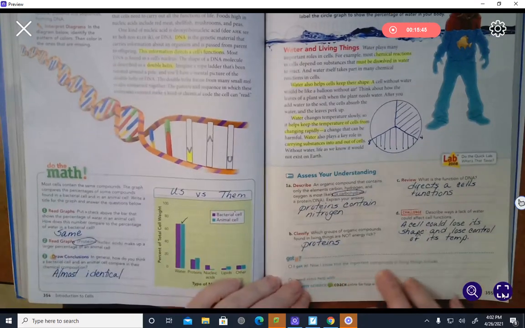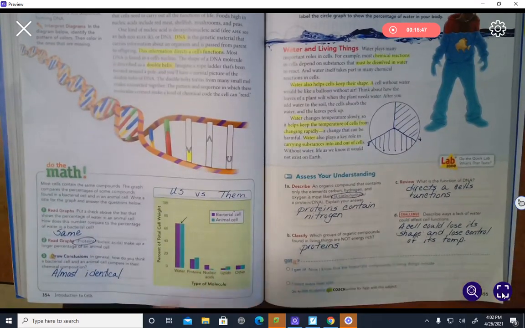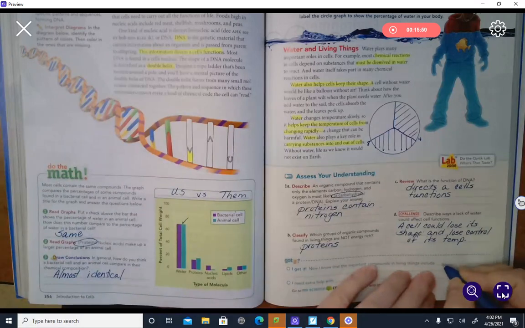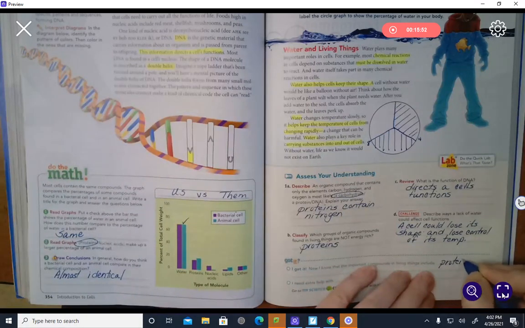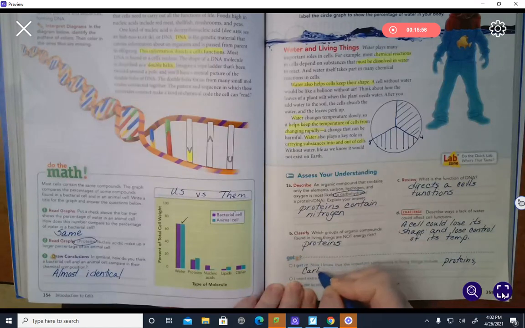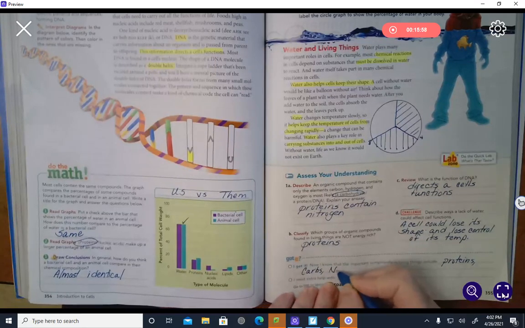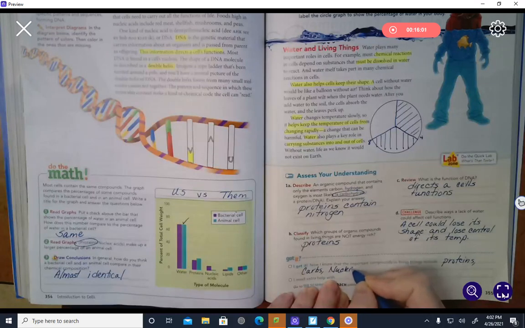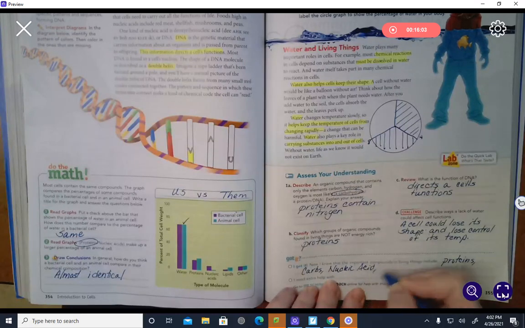Now I know that important compounds in living things include, and they would want you to write the proteins, carbs, nucleic acid, and lipids.